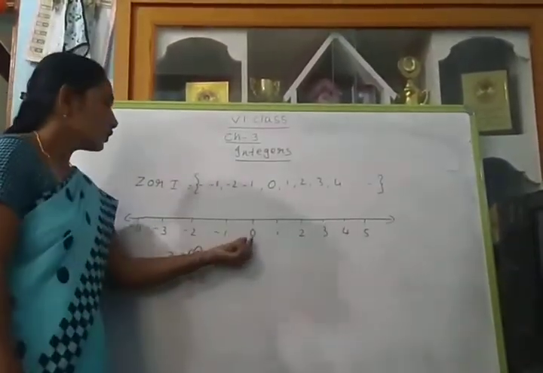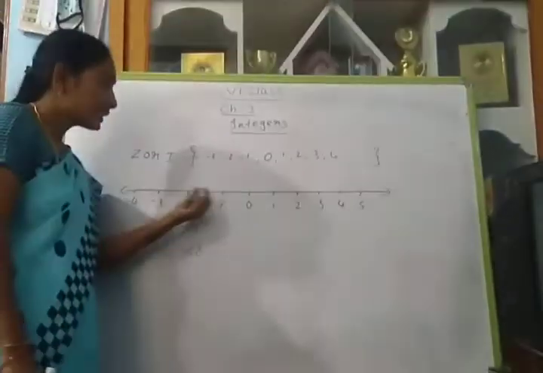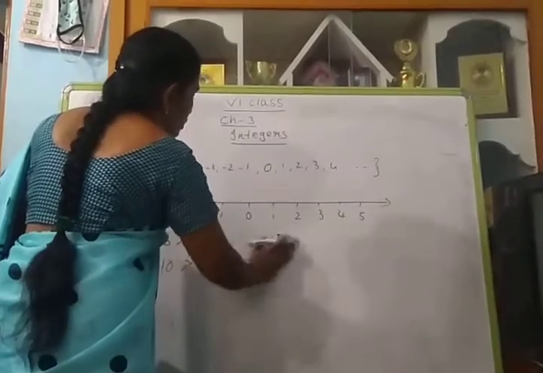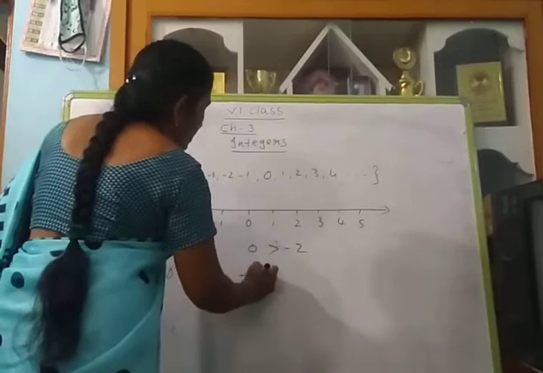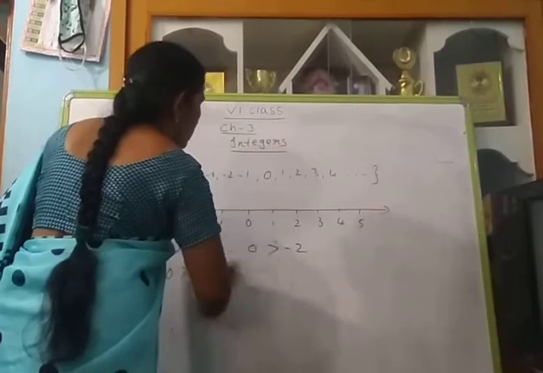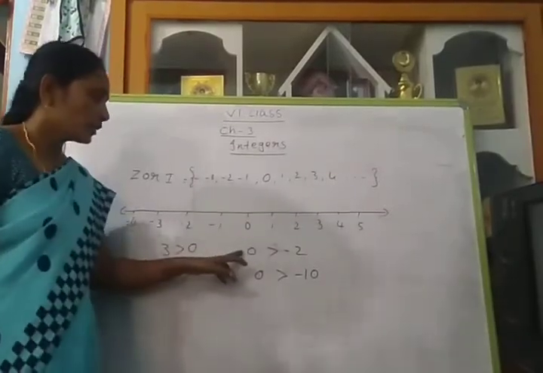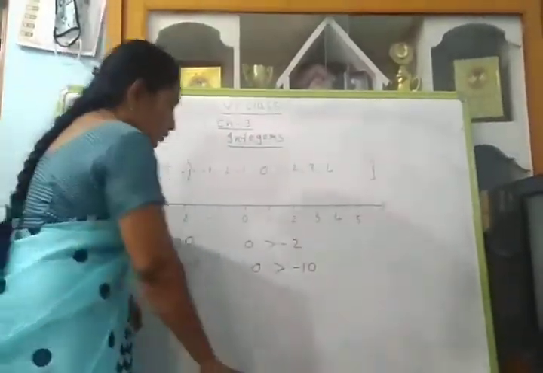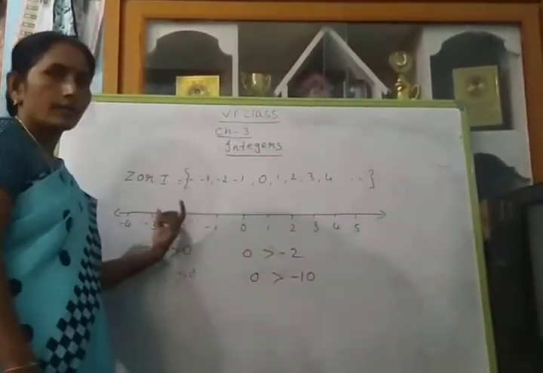Next, 0 is on the right side of negative numbers. So 0 is greater than negative numbers: 0 is greater than minus 2, 0 is greater than minus 10. Negative integers always lie on the left side of 0 on the number line.